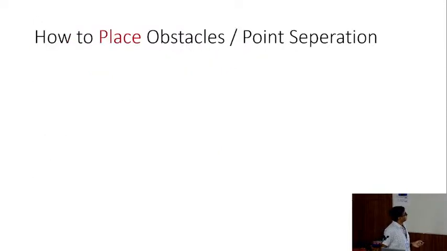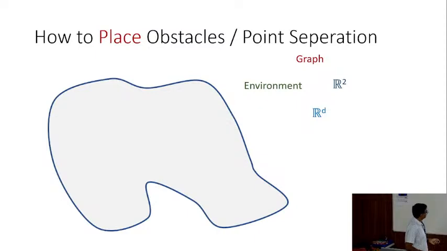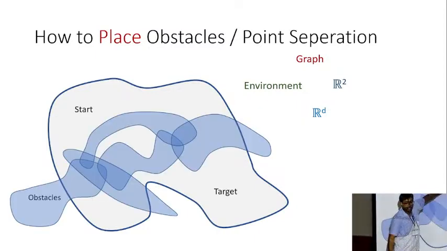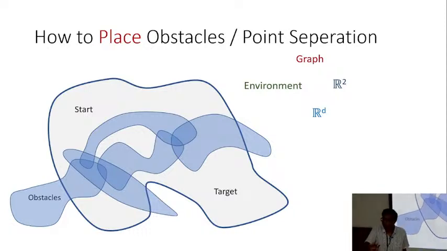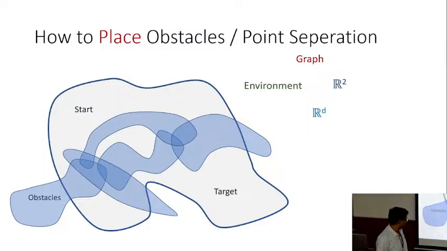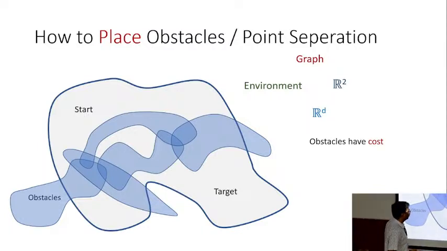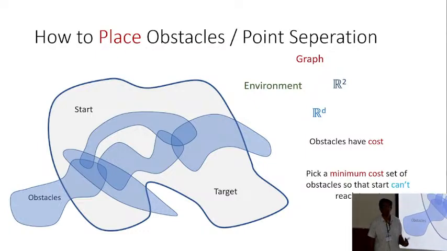Now, there's another question that people have studied, called how to place obstacles, or point separation. So here is an environment. You know where to place your obstacles, but they are not there yet. So you have to place the obstacles in those places such that you kill all the curves from S to T, right? Obstacles have cost, so pick a minimum cost set of obstacles so that start can't reach the target.